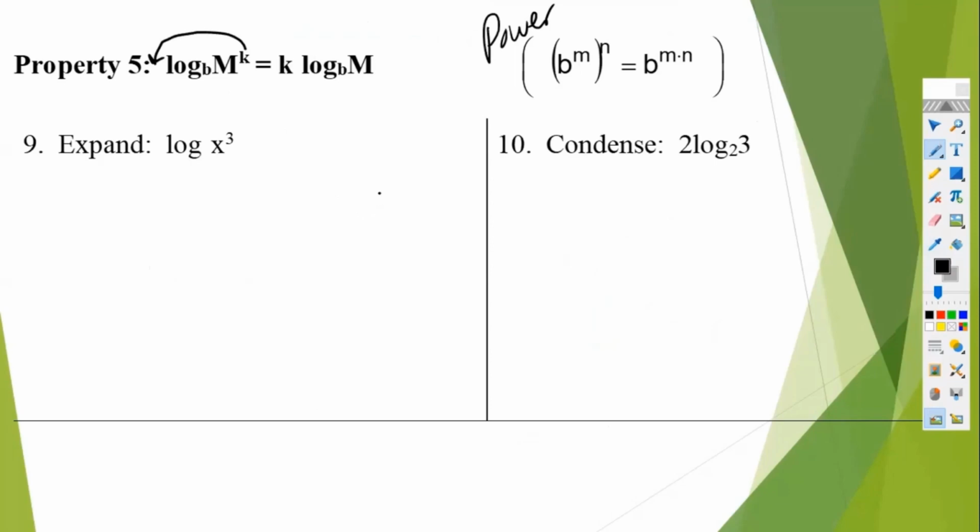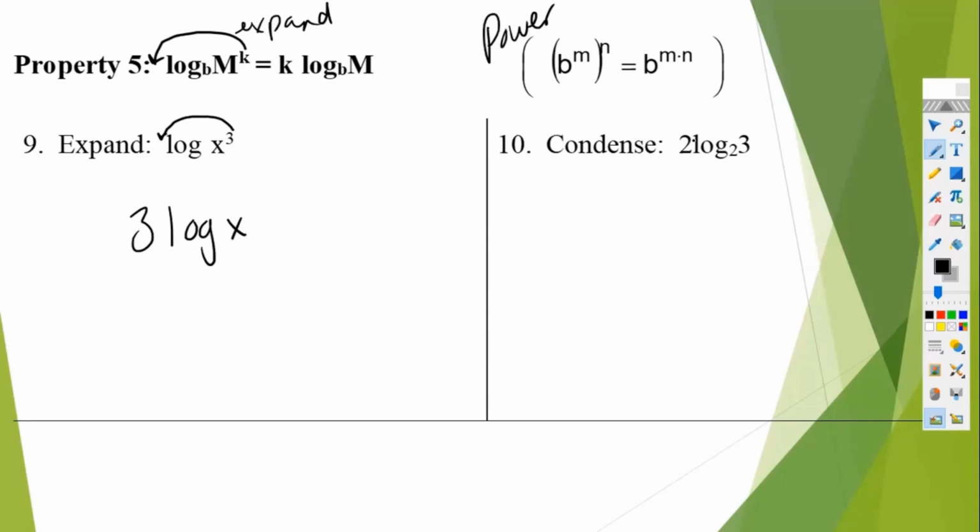So when you are expanding, the power becomes a coefficient. So looking here, my power becomes my coefficient, which just makes this 3 log x. Okay, this is going to be important for tomorrow.